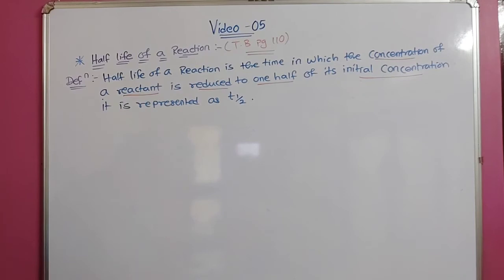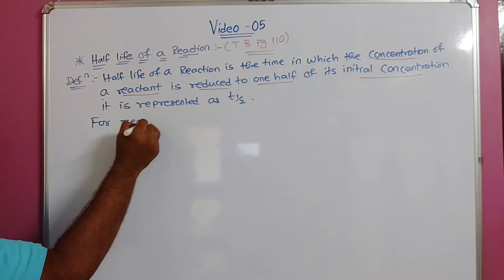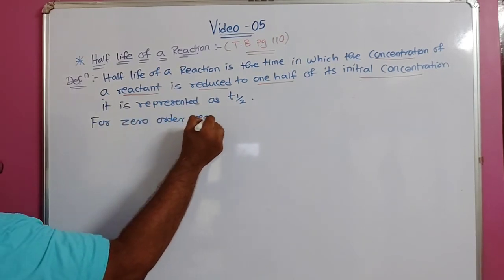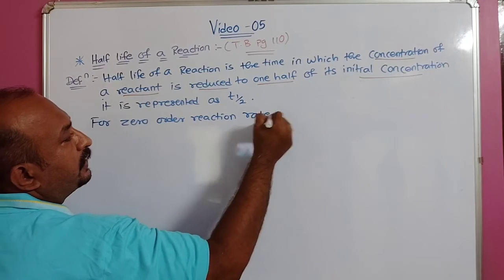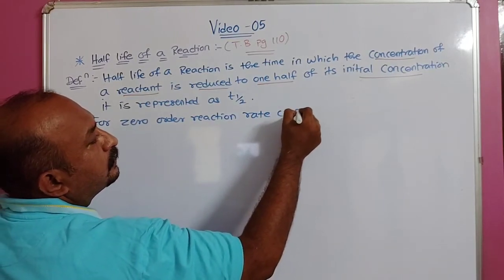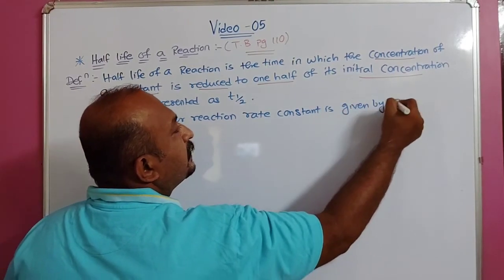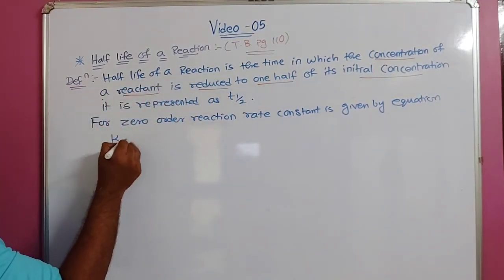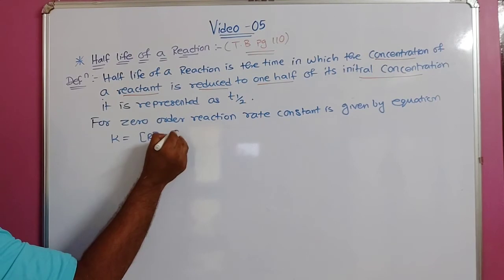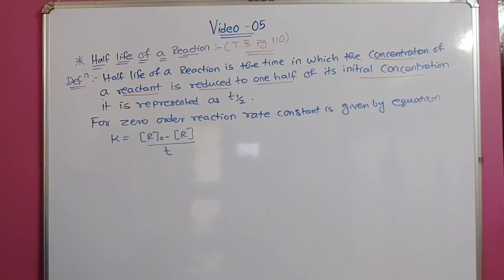Now, for a zero order reaction, the rate constant is given by the equation K is equal to R0 minus R by T, if you remember. This is what we have derived. Understood?